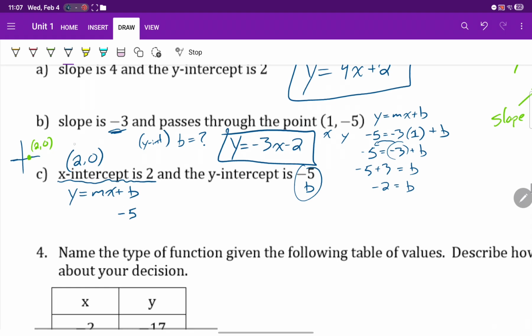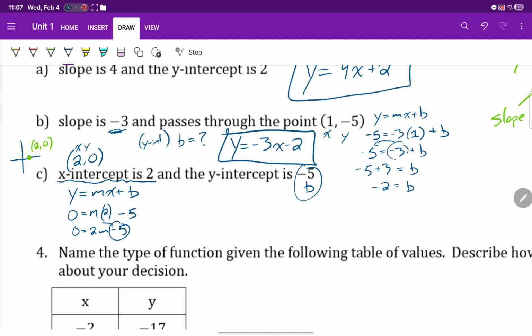And so I'm going to use that x and that y coordinate and put that into my equation. So I have y equals 0 equals m, which we don't know, and I know that x is 2, and I have the -5. So what I'm going to do here is solve for m. So I'm going to go 0 equals 2m minus 5.